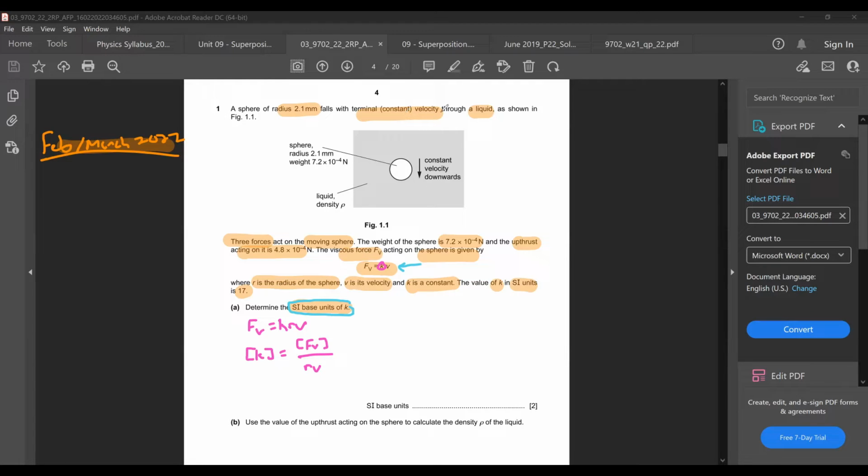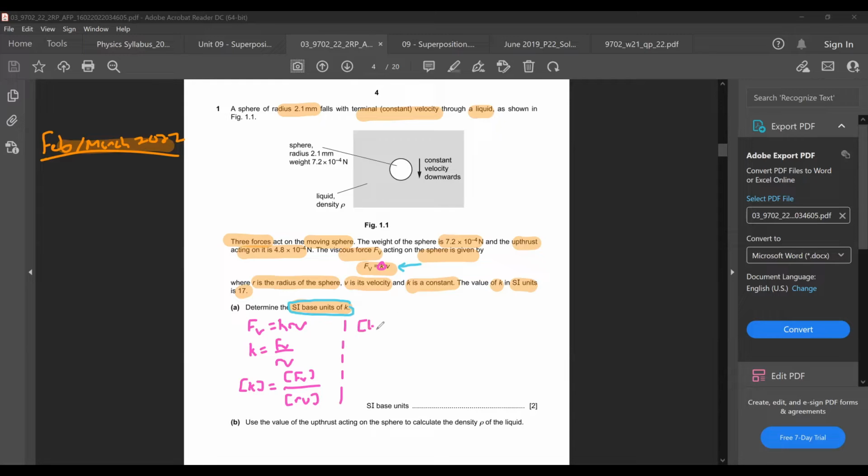Maybe I write it like this. All right. K is Fv over RV. So unit of K is unit of viscous drag over unit of RV.